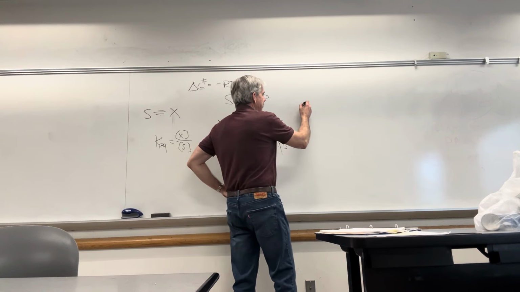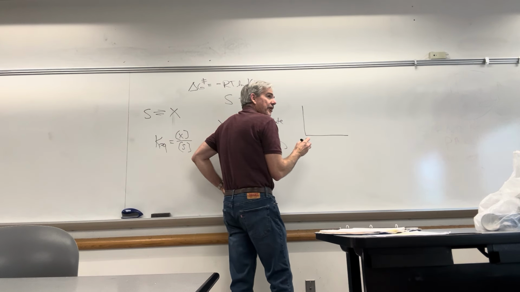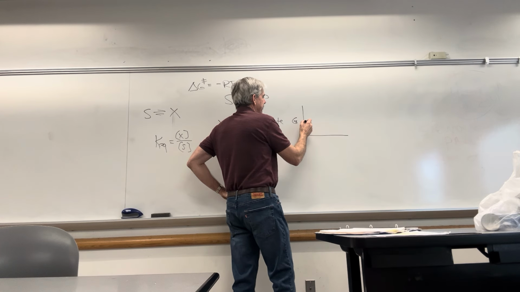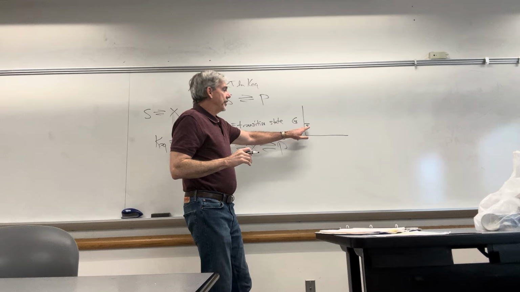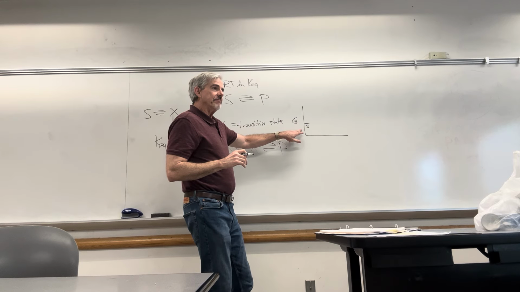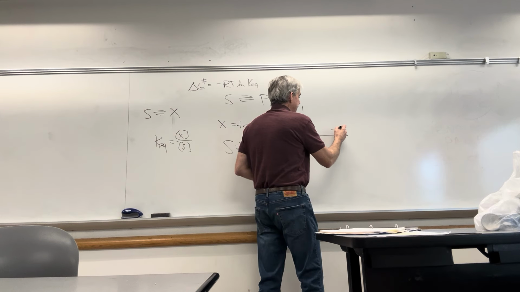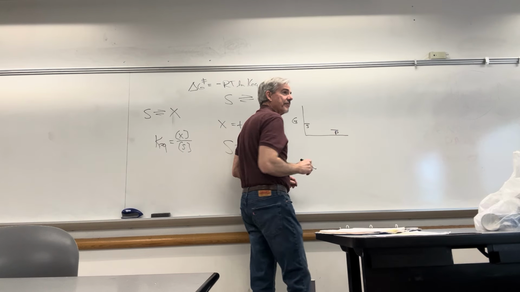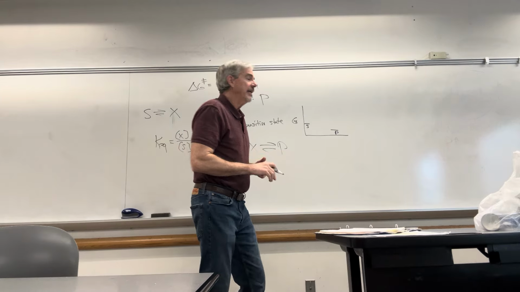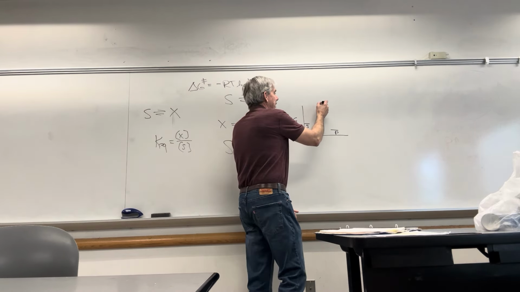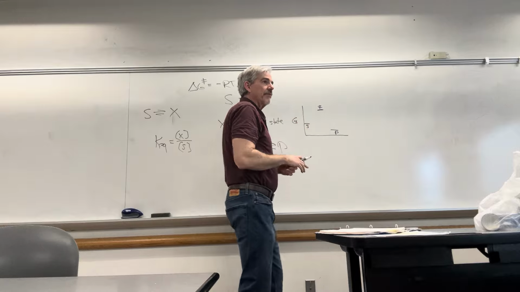So Tuesday when I drew the graph here, the substrate has a certain amount of free energy. The product has a certain amount of free energy. And the transition state has a certain amount of free energy.